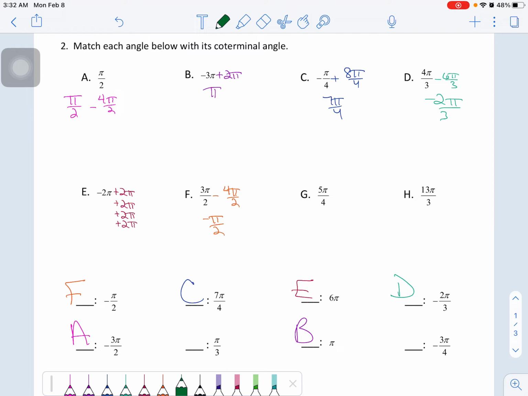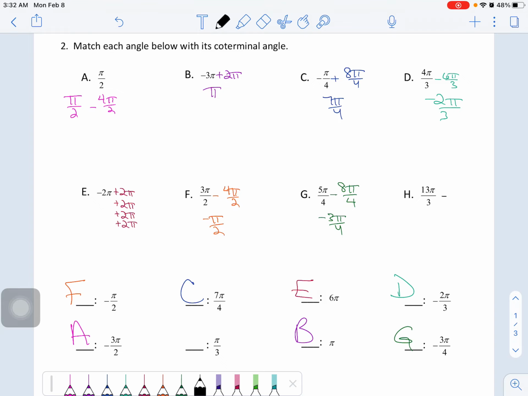All right, 5 pi over 4. Let's see, I've only got 2 answers left. So let's see what happens if I subtract 8 pi over 4. Again, I'm already doing the mental math in my head to turn 2 pi into a common fraction that I can subtract or add. So that would be negative 3 pi over 4. So that's answer G, which I hope means that answer H is pi over 3.